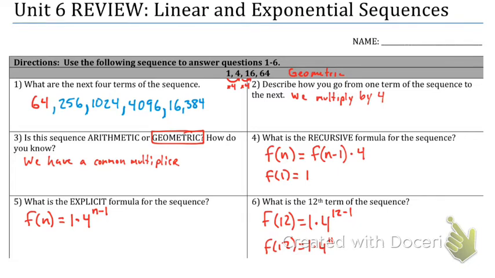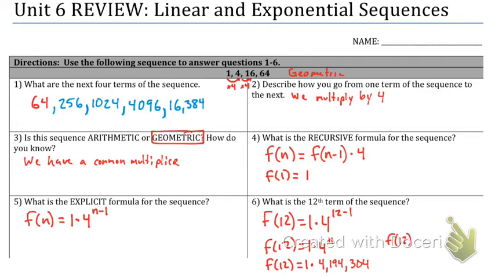This is a giant number: 4,194,304. Now we multiply 1 times this, which is pretty simple to do.